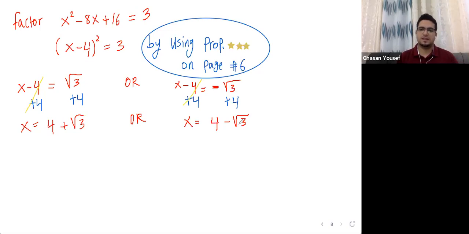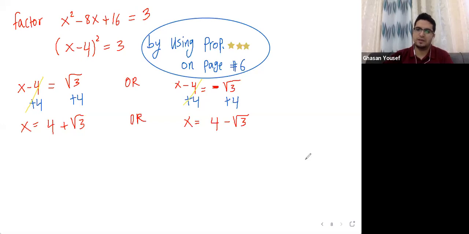So this is the last thing in this section, 1.4 quadratic equation. I'm going to give a fast and easy review. This section talked about quadratic equations. We have to know how to solve a quadratic equation.